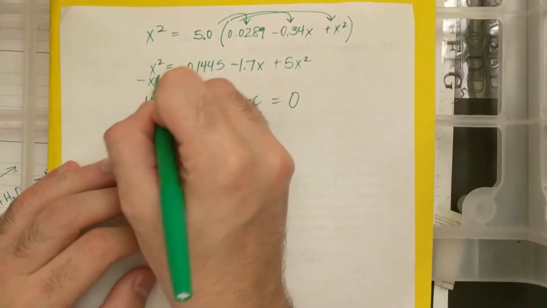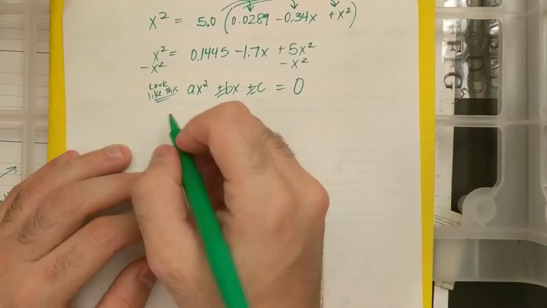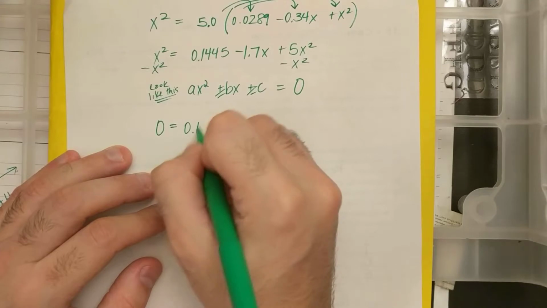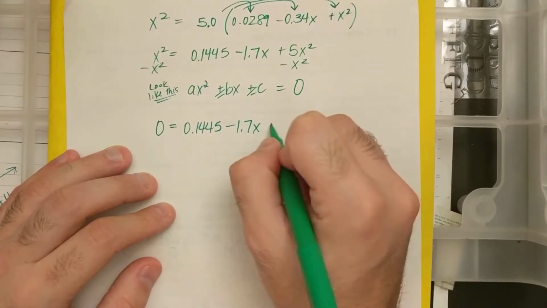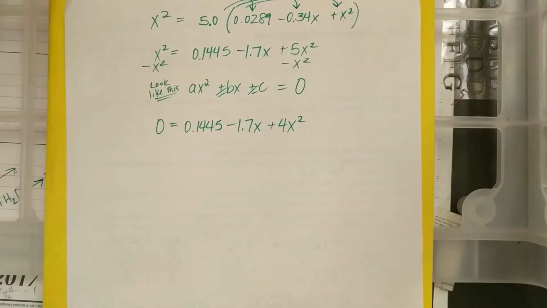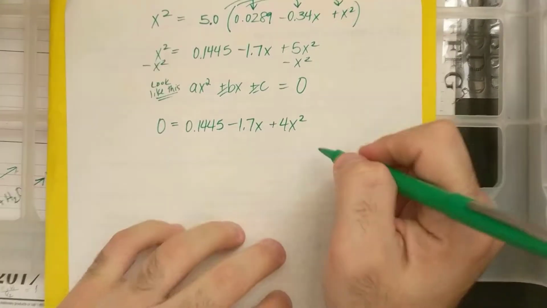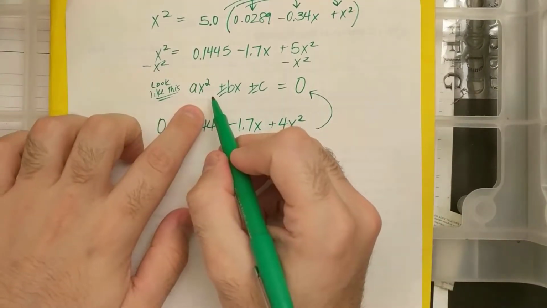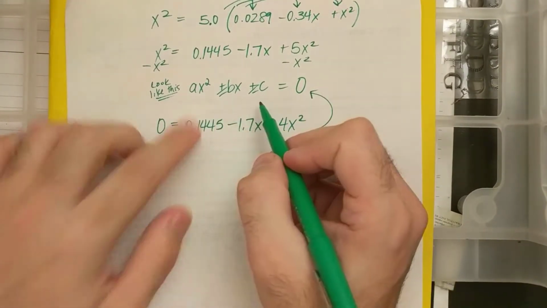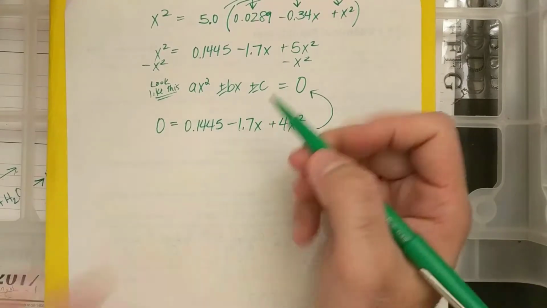So I'll subtract x squared from both sides, and I'll get 0 equals 0.1445 minus 1.7x plus 4x squared. And so now I have an expression that looks like this. And remember, my a is attached to my x squared, my b is attached to my x, and c is whatever doesn't have the x.